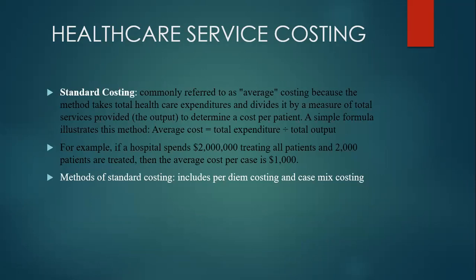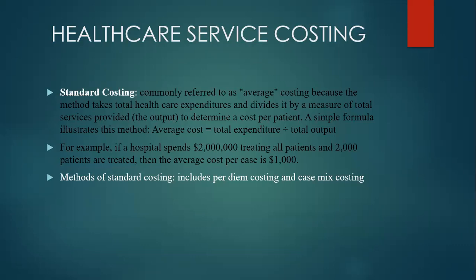Now, the other type of costing is what we refer to as standard costing, commonly referred to as average costing. With this method, you take the total healthcare expenditure for the year.